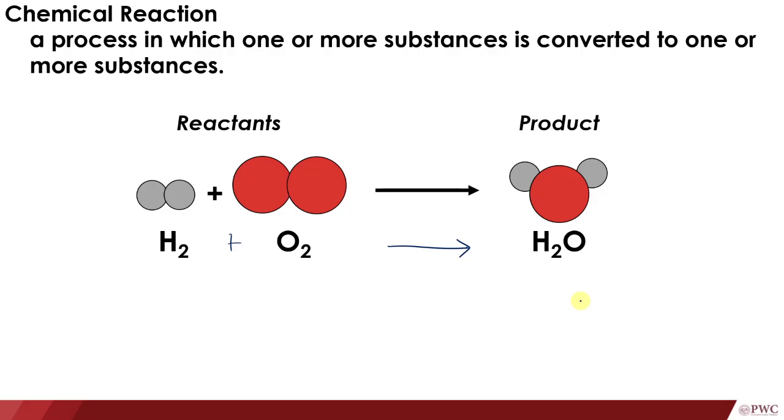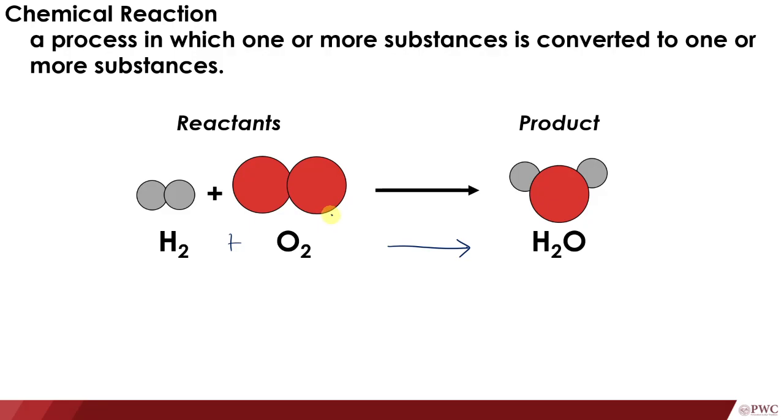Now let's focus on this equation first. As you observe, there is something wrong with this one, because on the left side we have two oxygen atoms, but on the right side we only have one oxygen atom. So it seems like one oxygen atom is lost or destroyed during the reaction.